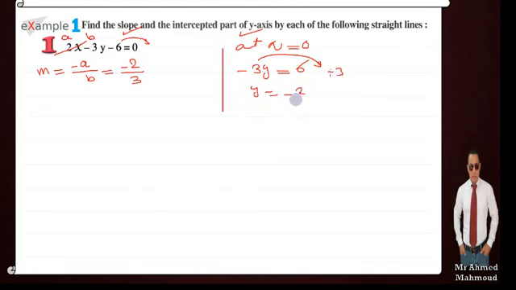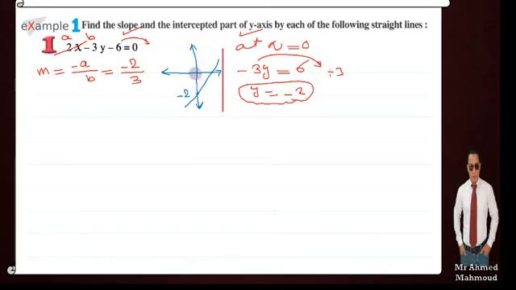This is y. But what is the intercepted part of the y-axis? Okay, if I try to draw this one like this, it's not required but to make you understand. Okay, y equals negative 2 here in this position. The line intersects the y-axis at y equals negative 2.